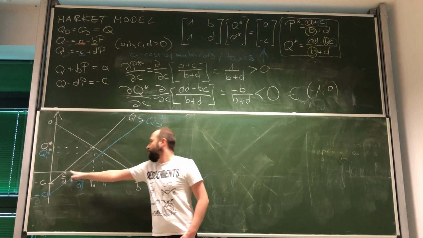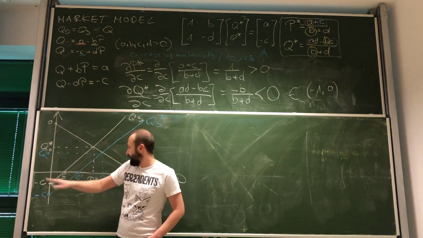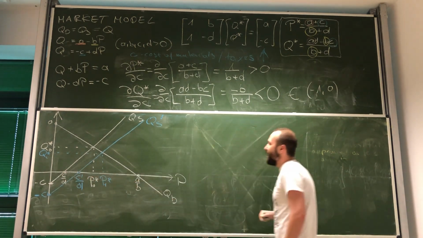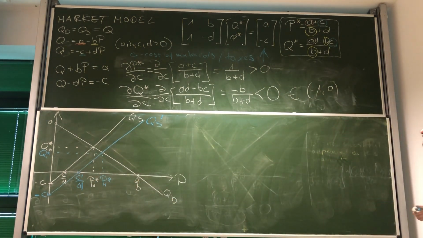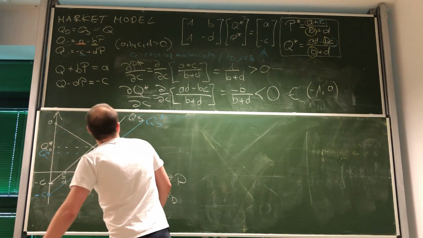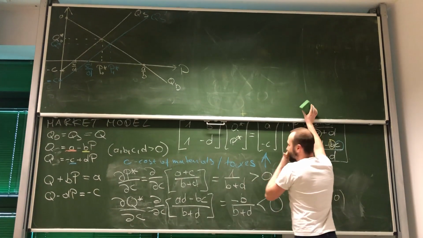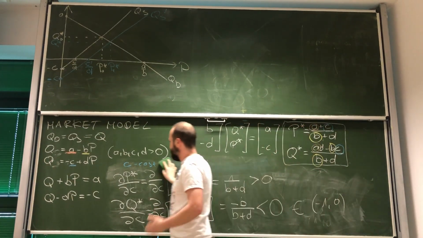So when cost of production increased as a result of higher taxation, this point moved, and this resulted in a higher price on one hand and lower quantity on the other. Okay, so the last parameter that we haven't discussed here is, of course, D.